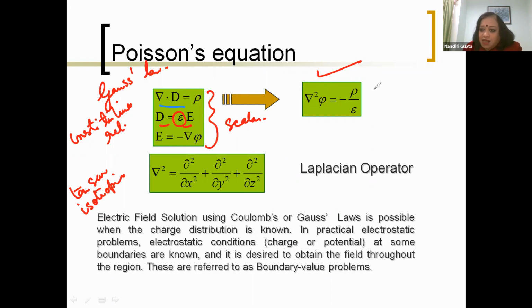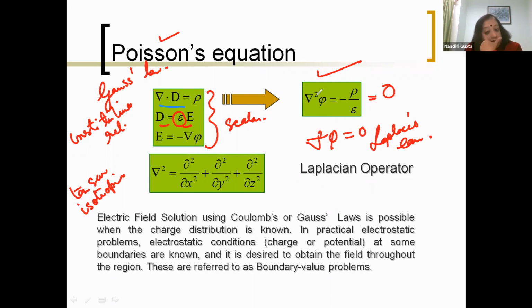This is something you're all familiar with. This is Poisson's equation. In the scenario that rho is equal to 0, you get del square phi is equal to 0. This is Laplace's equation. So Laplace's equation is nothing but Poisson's equation in a charge-free space.